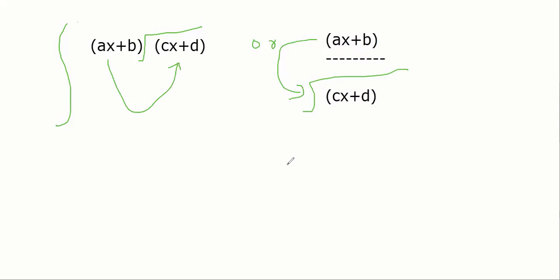Now we are going to move to the trigonometric type. Very easy, very interesting. If any function is of the form, please understand what form. See, integration is all about form.